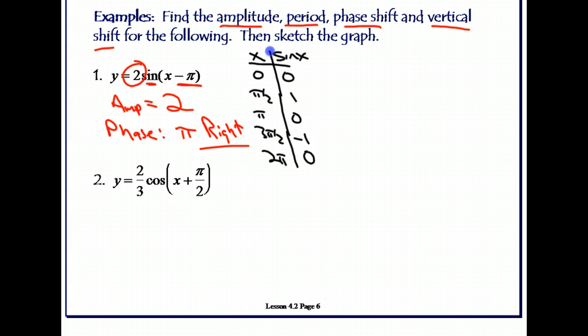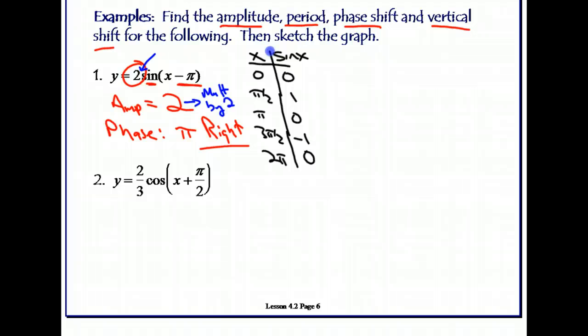Okay, now it's a matter of figuring out what do these different things do to our graph. Well, the number in front, the amplitude, makes the graph go up 2 and down to negative 2. What does it do? Well, the 2 affects the up and down. That's the y coordinate. So we're going to multiply the y coordinates by 2. And I'll have another chart later that will sum all these things up.